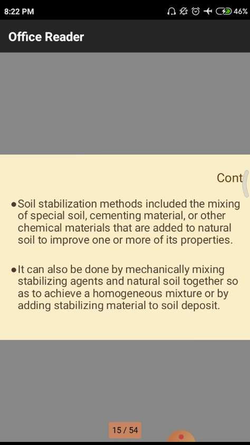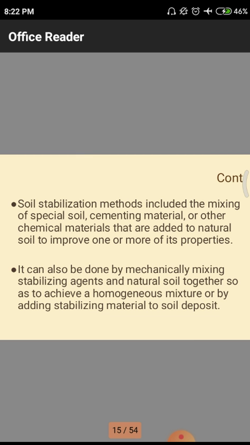So we have to use some quantity of stabilization agents with a natural soil to achieve a homogeneous mixture. Here homogeneous means the total particles are mixing very well with the cementitious or chemical content, then only we will obtain a good quantity of strength.